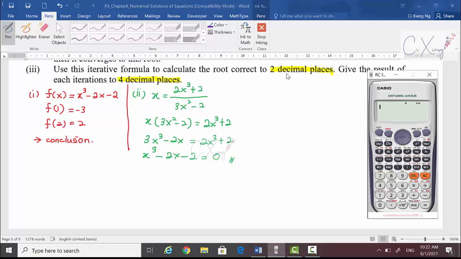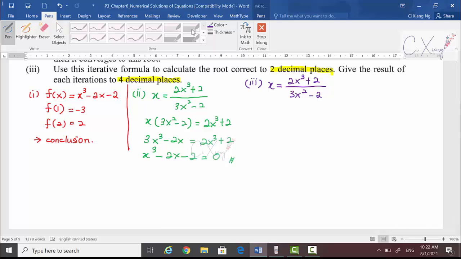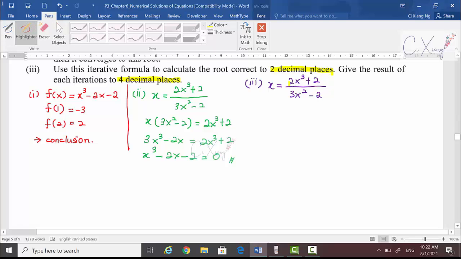All right, so this is the third part. First of all, I will write out the iteration formula again. Okay, so to use the iteration formula to get the answer, do they give you any initial value or not in this question?